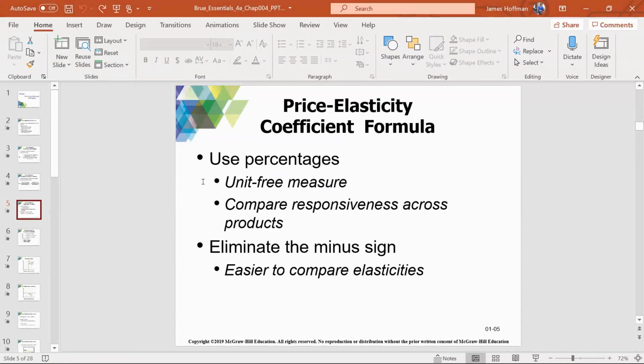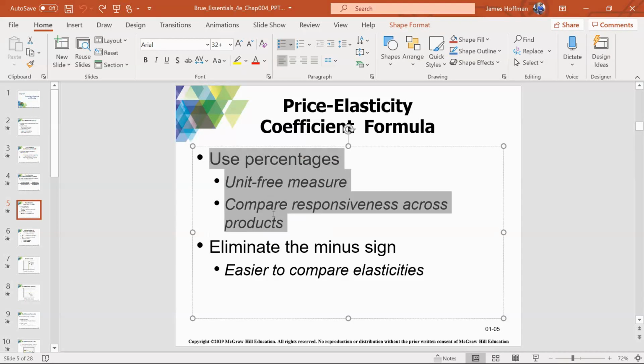Okay, and so the reason why we use this metric is because it gives us the capability to make comparisons across different goods and services and their respective demands. You can look at separate demand graphs where, when the price of that good goes up, demand changes.